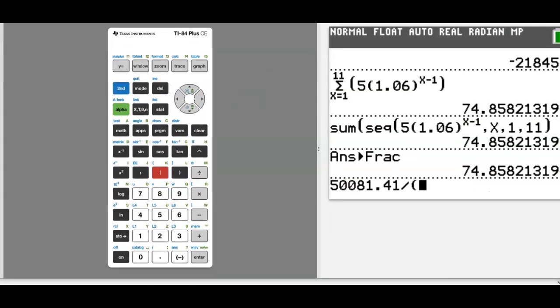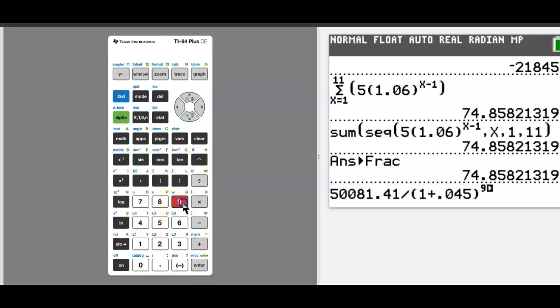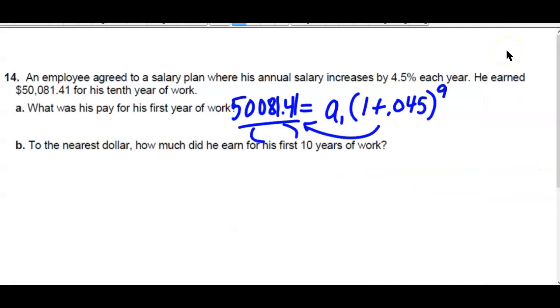And I could do 1 plus if you want, or you could just add it, doesn't matter. And you get basically 33,700 was his starting salary. So he started at 33,700. Okay, to the nearest dollar, how much did he earn for the first 10 years of work?